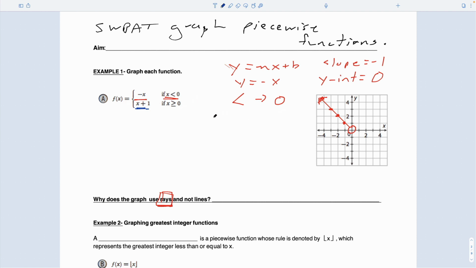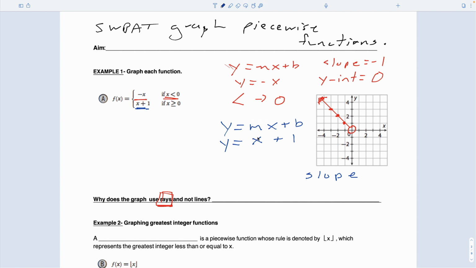If I focus on this guy, x plus 1, and I want to set up it in slope-intercept form. What is the slope of this linear equation? Caden, what do you think?